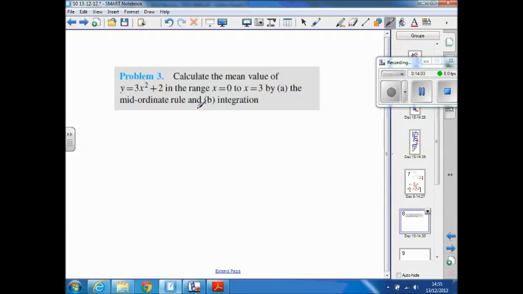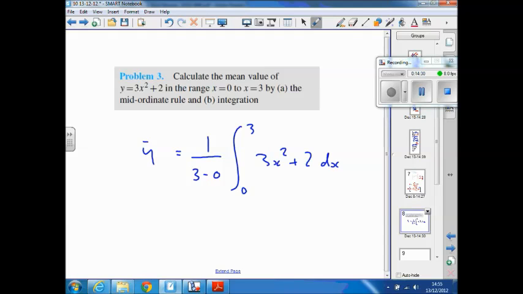So we use the formula y bar, the mean value of y, equals the integral between 0 and 3, because our limits are 0 and 3, of the function 3x squared plus 2 with respect to x. And then we multiply that by 1 over the top limit minus the bottom limit.